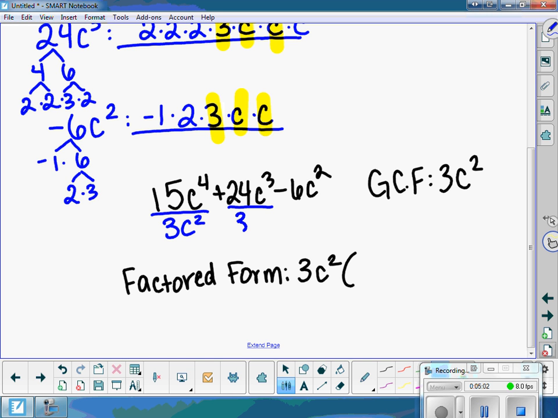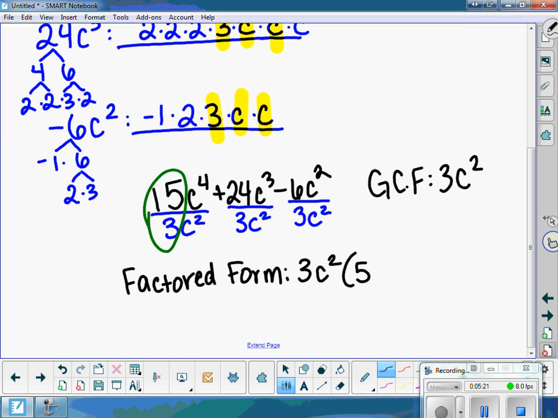Divide every term by 3c squared. If we do that, 15 divided by 3, that's equal to 5. So we're going to have 5.